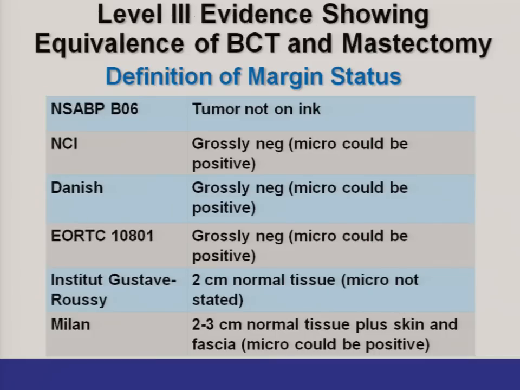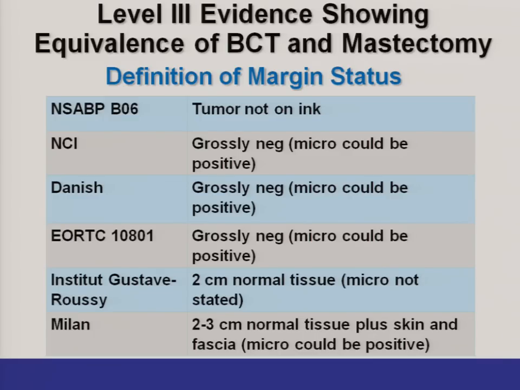Next. Let's look at how they defined negative margins, or how they defined the margins, in the prospective randomized studies upon which we all base the use of breast-conserving therapy. B06, no tumor on ink. The NCI, grossly negative. Microscopic could be positive. The Danish study, grossly negative. Microscopic could be positive.